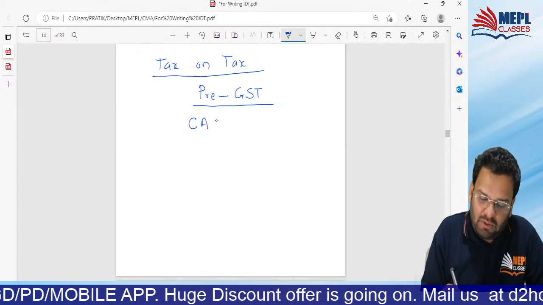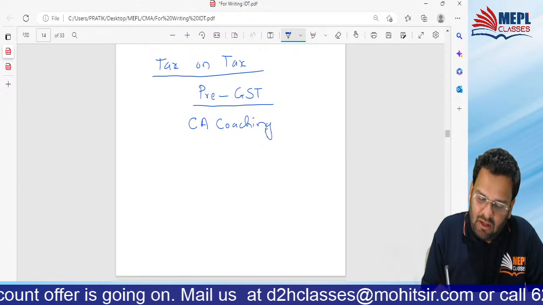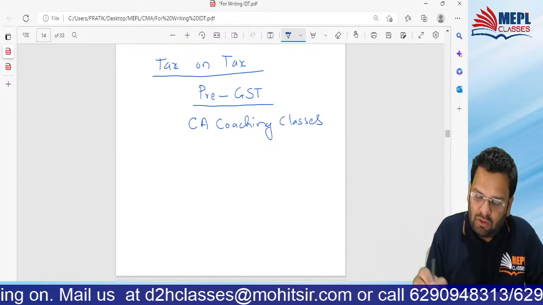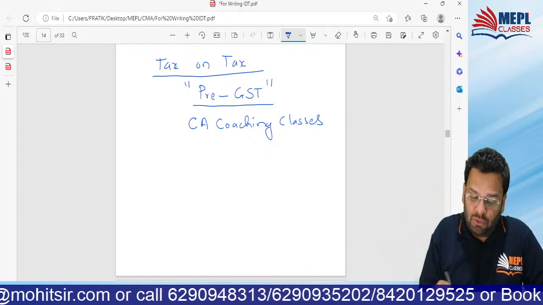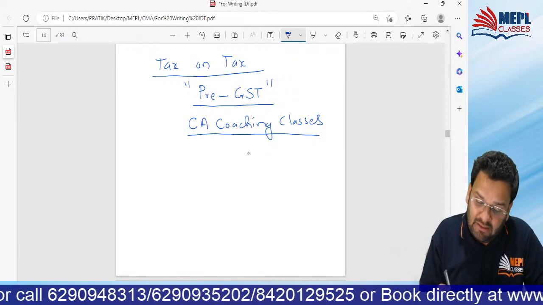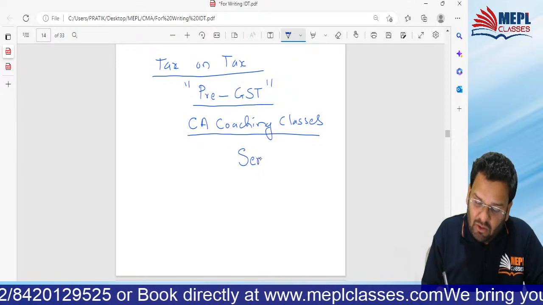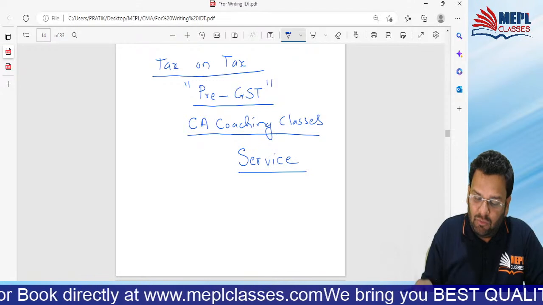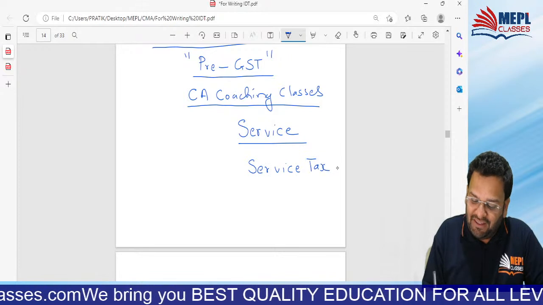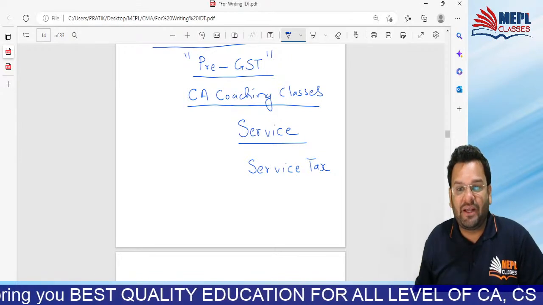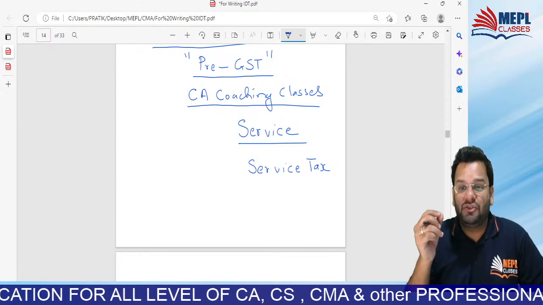Say I am talking about a CA coaching class, pre-GST. Before GST was introduced, when a CA coaching class gave service, it would charge service tax. It will collect service tax from students.